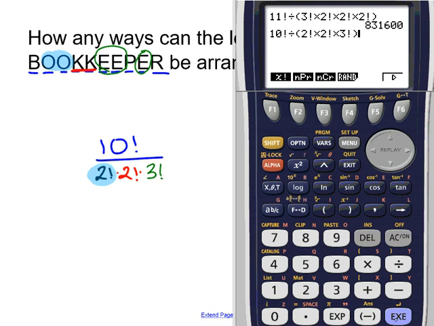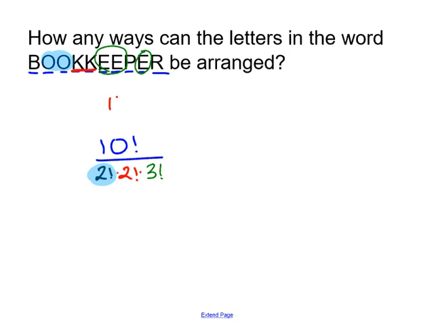Okay. And then hopefully you got 151,200. That's how many distinguishable permutations there are for the word bookkeeper.